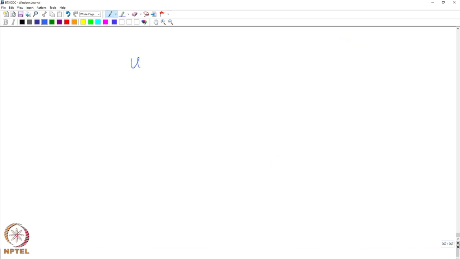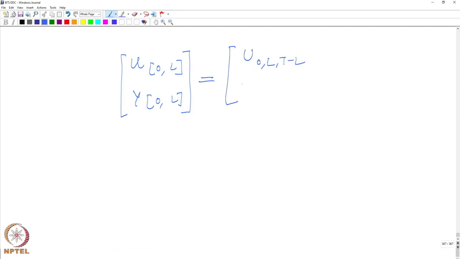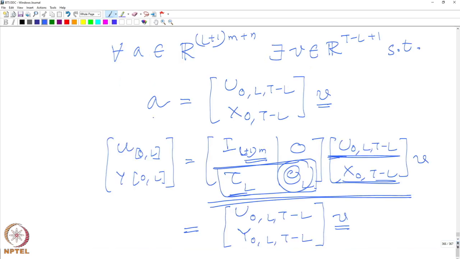We have achieved that u 0 L and y 0 L for an arbitrary trajectory is in fact a linear combination of this V. So for every trajectory here there exists a V such that you have this, and whenever you pick a V, because it is of this structure, it follows that it is going to be in fact a trajectory like this.